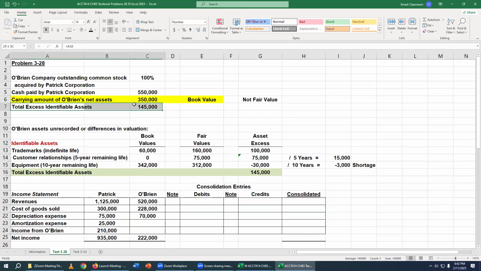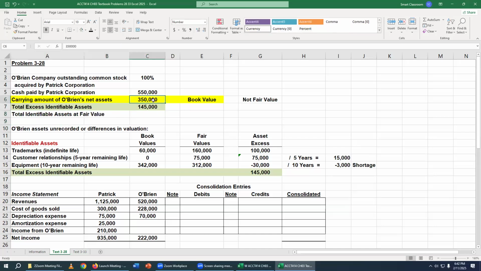Okay, so these are the excess over the book values. So this will be the total. Fair value would be those two together.